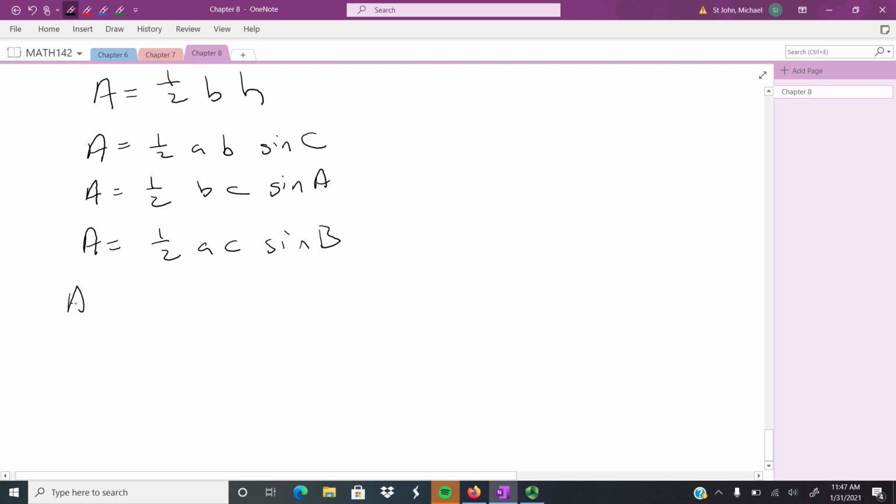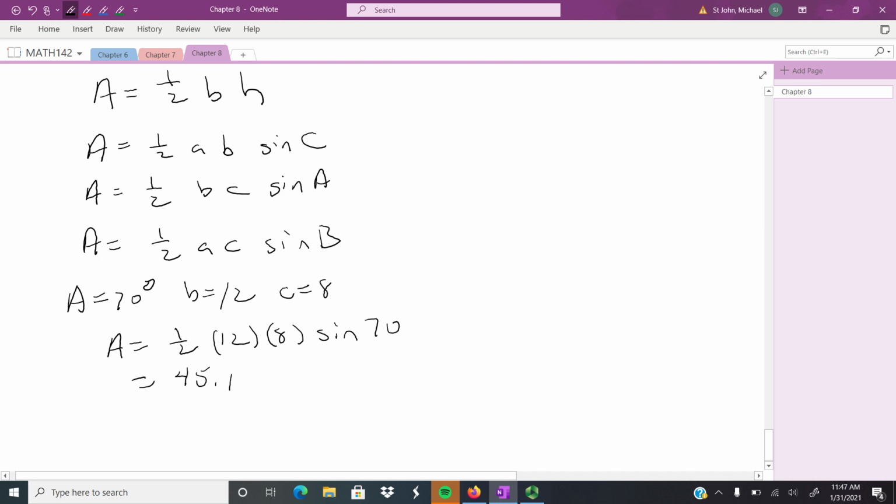So A is 70 degrees, B is 12, C is 8, and so the area is 1/2 times 12 times 8 times sine of 70, and you get 45.1. All right.